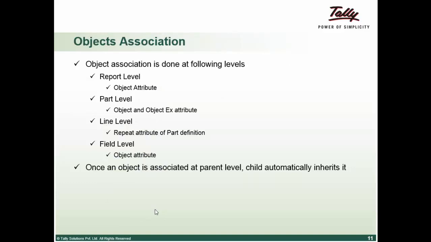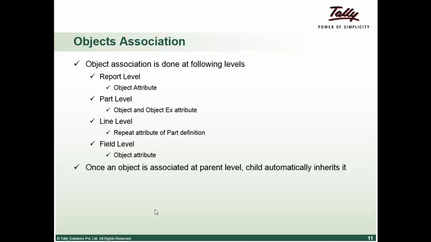As we spoke about the object context, the interface objects always exist in the context of a data object, and the data object can be connected at report, form, part, line and field.